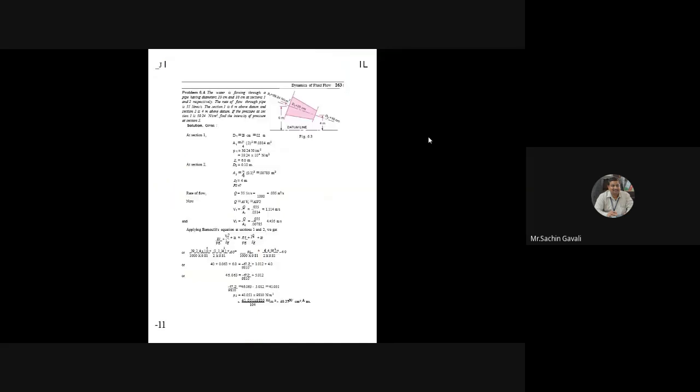Write in message in chat box. Yes. So we will proceed to the next numerical.